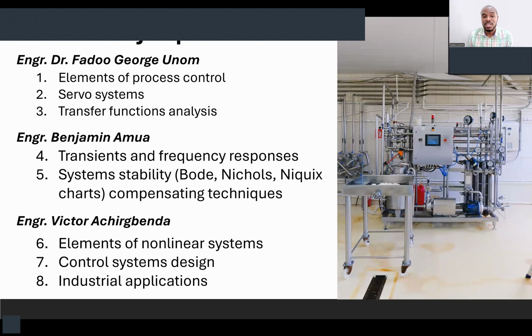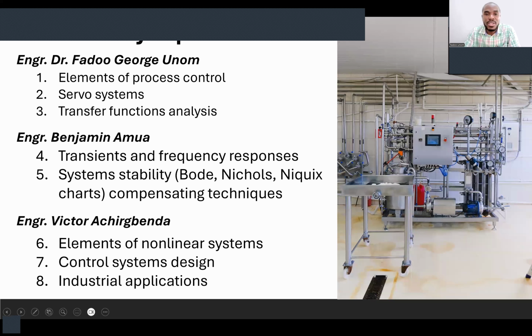Then Engineer Amoa and Achibuna will come and take the rest of the topics. Depending on how comfortable they are, I've already discussed, put it on our charts. This is how it will be. But if Amoa would prefer to come much later, then he will exchange topics with Victor. So once I finish, whoever comes next will be the next person to take it.